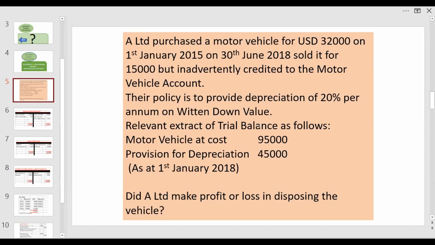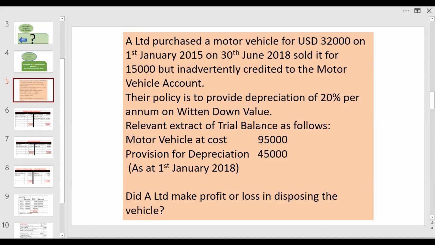Straight line method is one. So this one, how do we do? Every time when we have a balance, we provide 20% on the first year, then we minus it and come to a written down value. That is cost minus depreciation. Written down value is shown. On that, on the second year, a 20% will be calculated. It will go on from year to year.